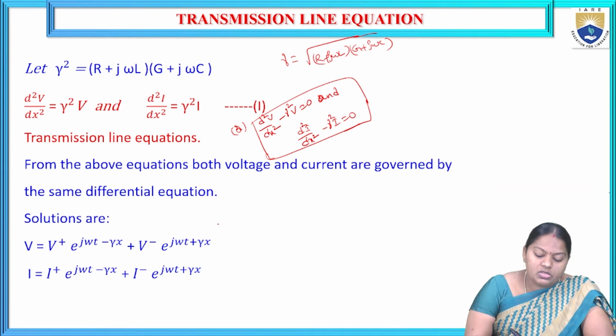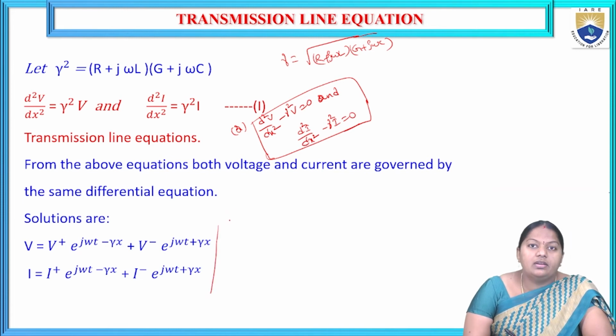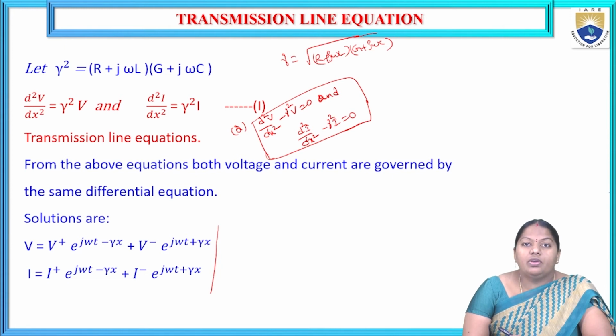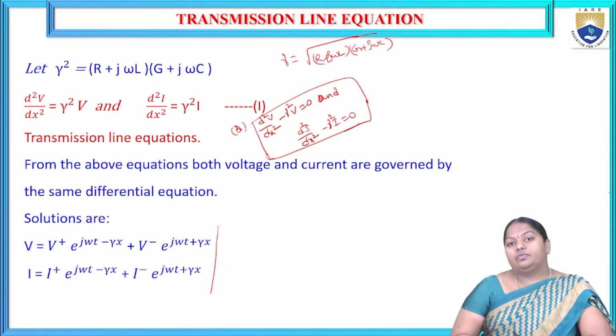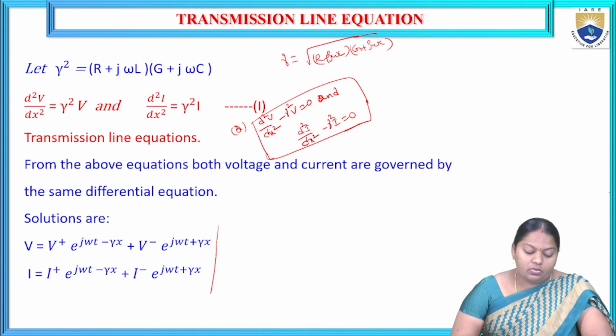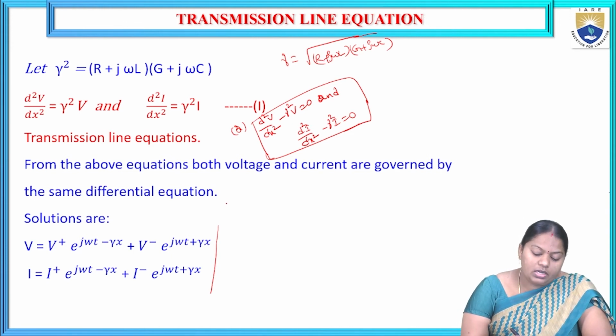These are similar to the equations we have already evaluated in the case of electromagnetic fields, the electromagnetic wave equation or uniform plane wave equation. There also we have the electric field intensity E = Em⁺ e^(jωt − γx) + Em⁻ e^(jωt + γx).